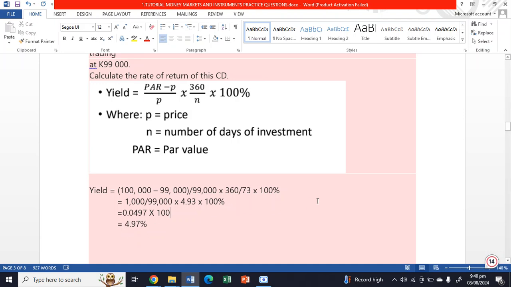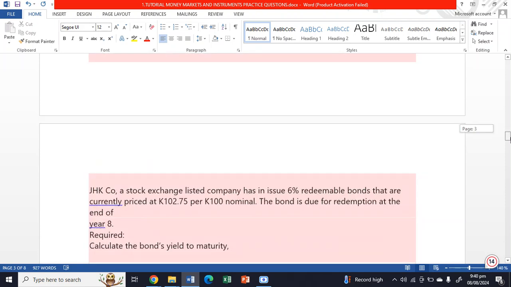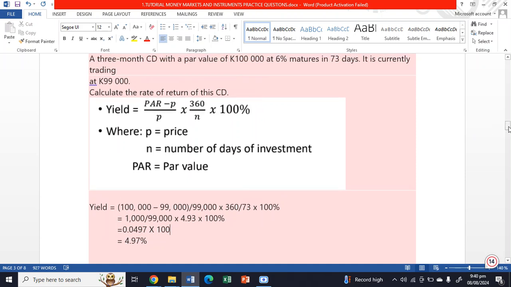This is the yield for this certificate of deposit.